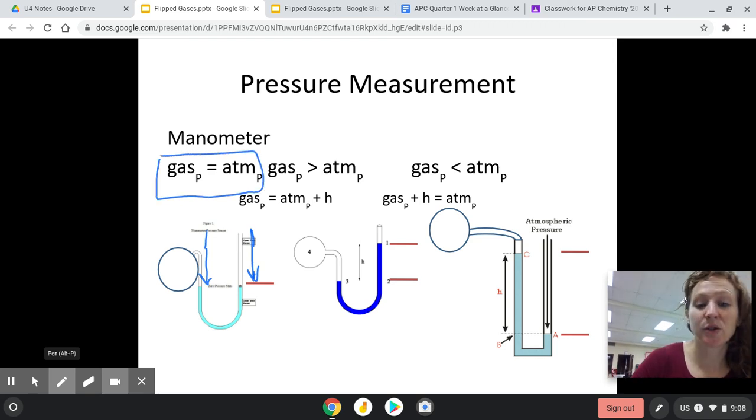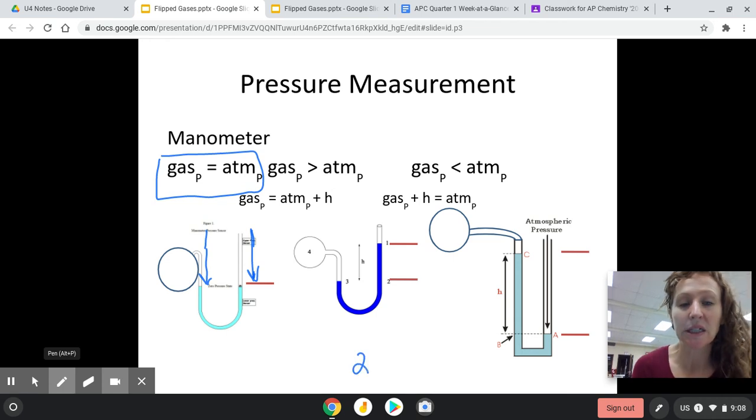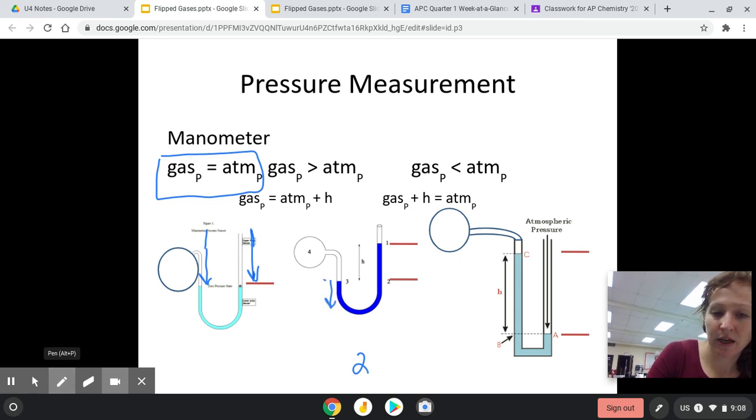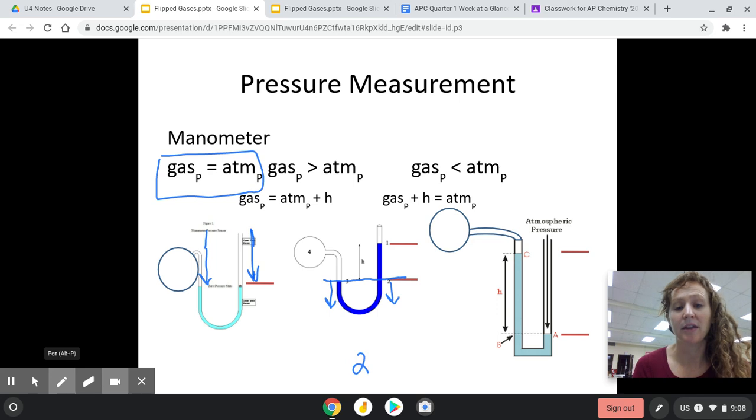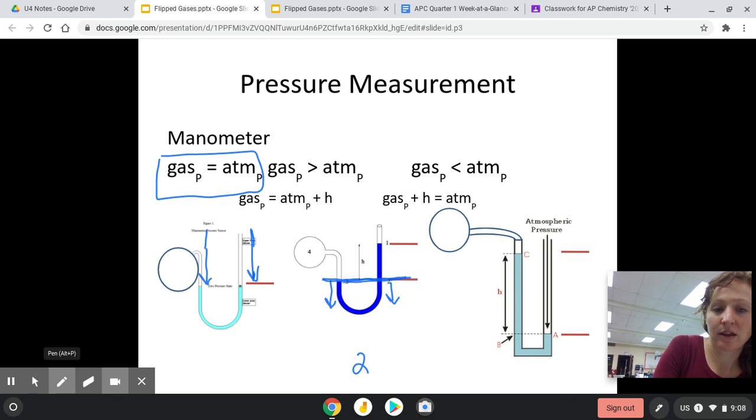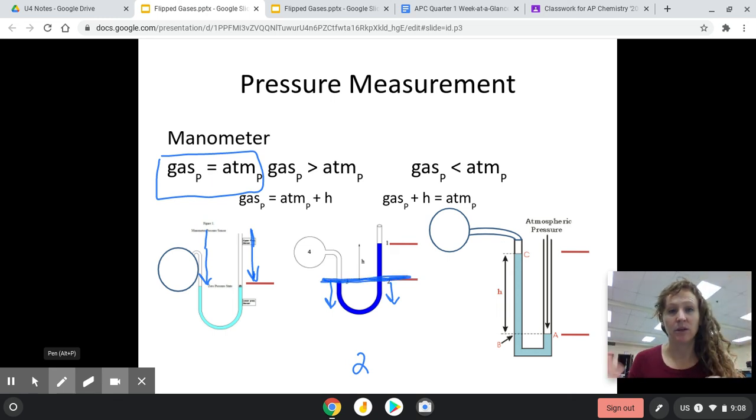Okay, if we move on to scenario 2, manometer 2, this is not the case. Notice that we have pressure of our mercury on this side, and it is not equal to pressure of our mercury on the other side. And so we can draw a line right here and we can ignore anything under this line because they're going to be equal.